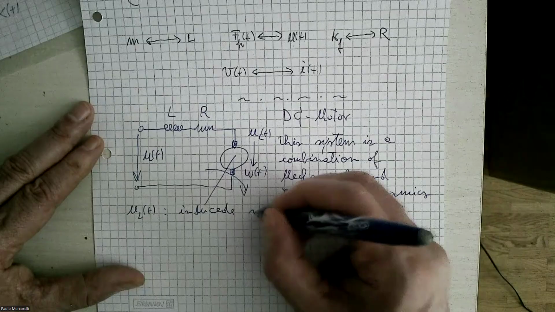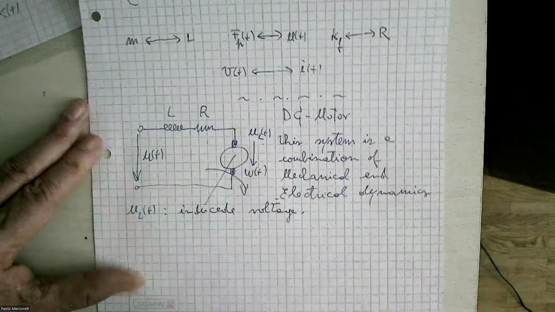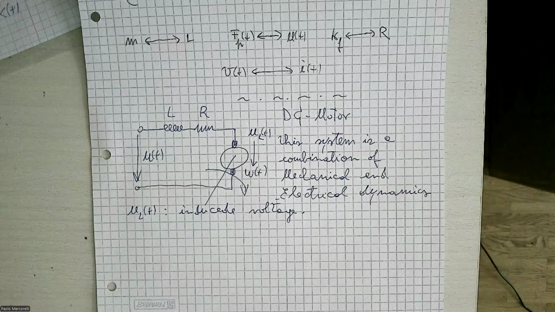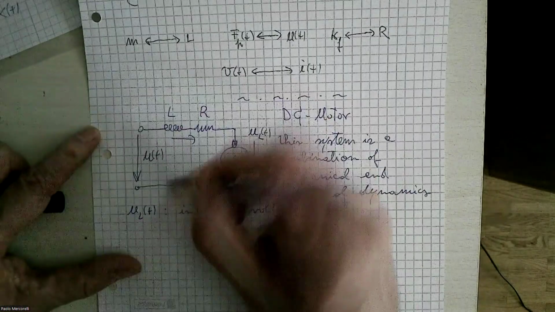You remember the reaction on the movement of the rotor is a voltage which tries to limit the current.